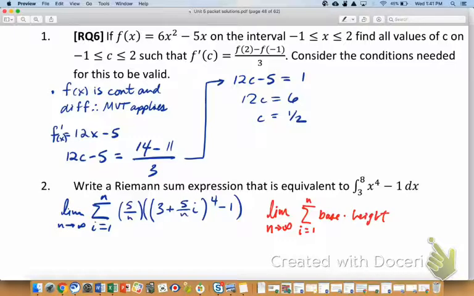Do you see the limits of integration go from 3 to 8? That means that the interval that I am trying to work with here goes from 3 to 8. And I don't know exactly what this function looks like. I know probably it's increasing. We'll just say it looks something like that.